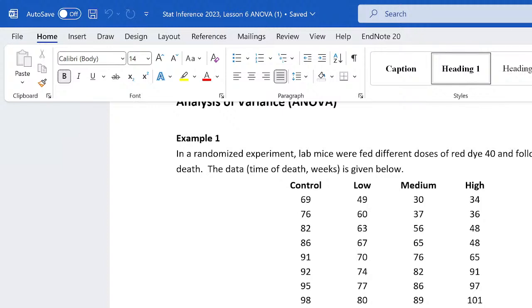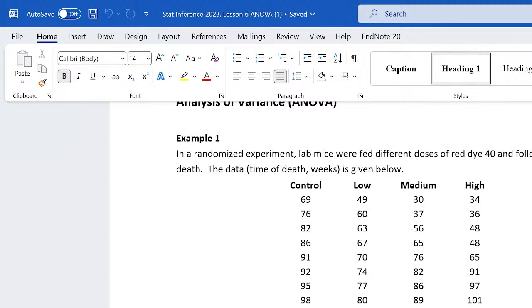And this one is called the error sum of squares. So with this last number, you start with the 69, you subtract 90, square it, and go down until you get to the last one.